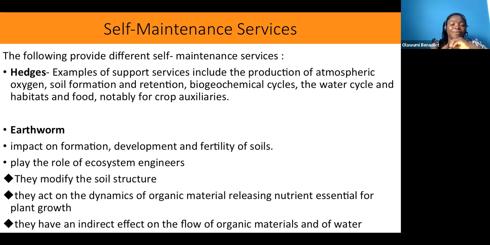So what are the benefits of earthworms? We all know what earthworms do in our farm. These are very good elements that we need to even multiply in our farm. They modify the soil structure. When they burrow, they mix the soil. They also release waste, which we call worm cast.